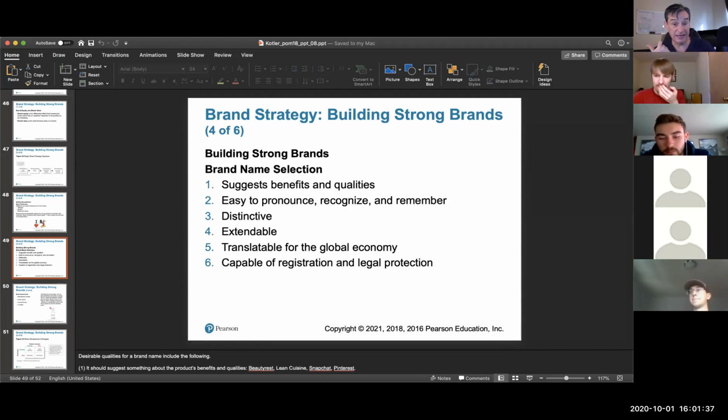Distinctive, extendable. Extendable means that it becomes a brand of something bigger than just an Apple. Macintosh became a well-known line of computers, actually the brand before. It was before Apple, it was Macintosh, and their line of computers was Macintosh, and that disappeared and became Apple.